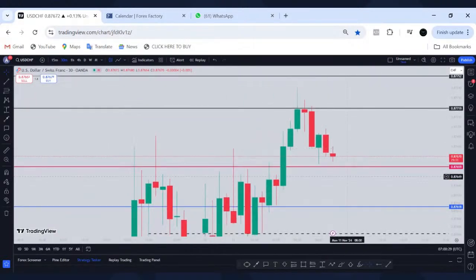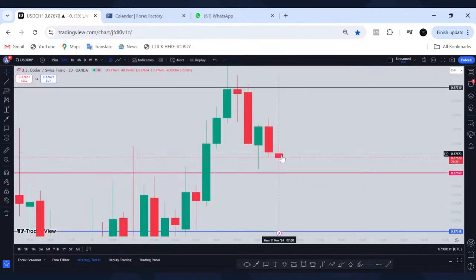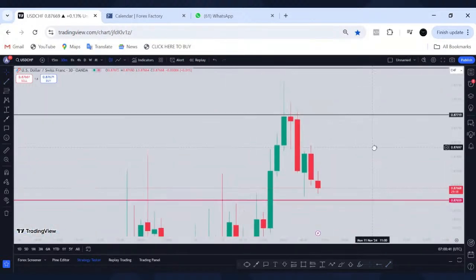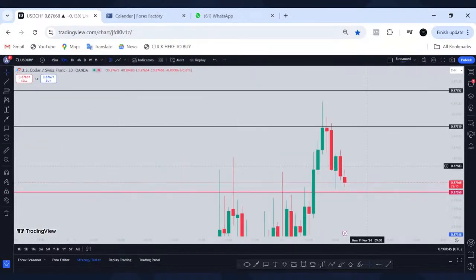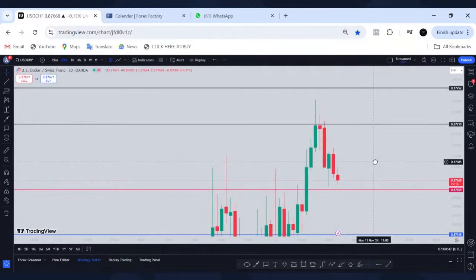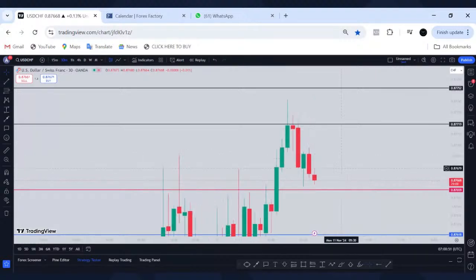Now the M30 candle has broken below the previous candle dip. So you need to wait for it to break. I wanted to go in aggressively.